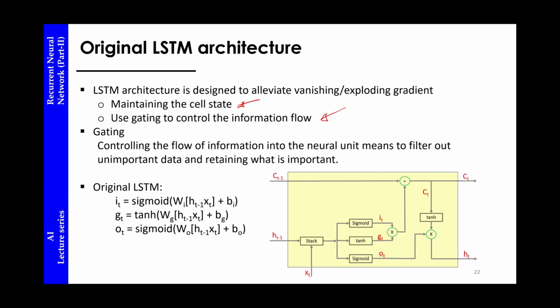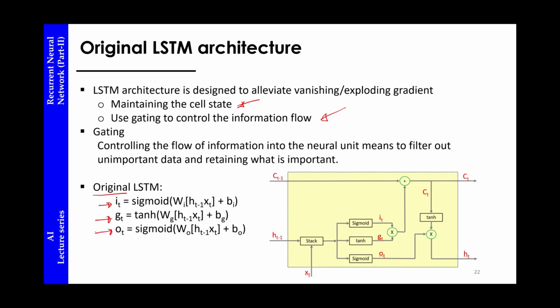By gating, we mean controlling the flow of information into the neural unit, selecting which information we keep, and filtering out unimportant information. It is the main concept of LSTM. But how are these gates defined? The original form of LSTM includes an input gate, update gate, and output gate.